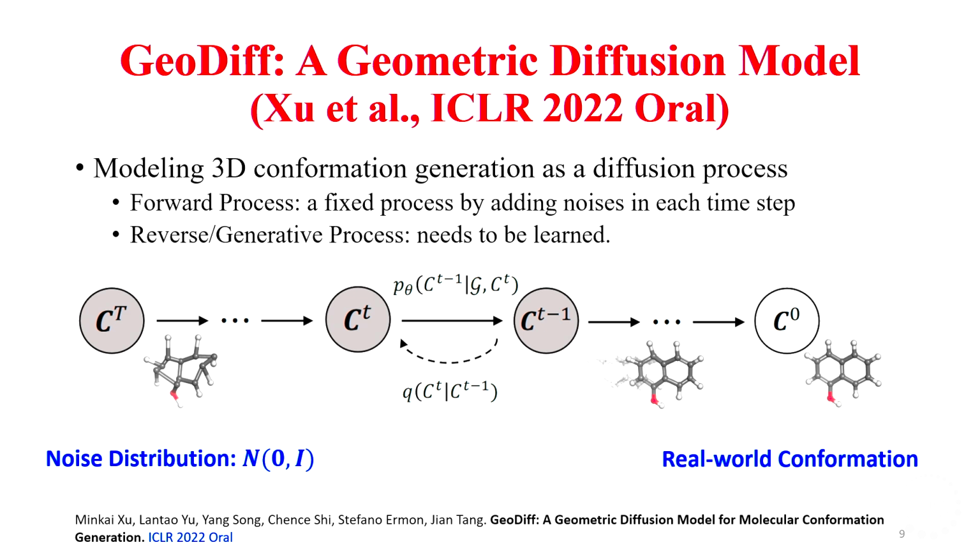This is a fixed process. It's easy enough. What we're interested in is the reverse process. Given that we have the forward process, can we learn the other direction? This is the generative process, where at some point we can just sample from a noise distribution and generate the molecule. So we'll be interested in learning this distribution P of C_{t-1} given the graph and the previous conformation.